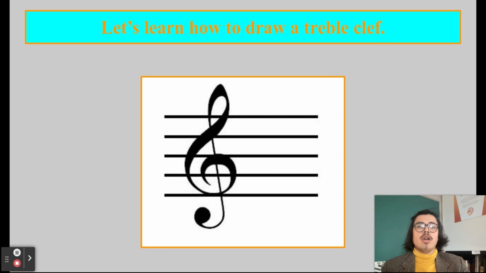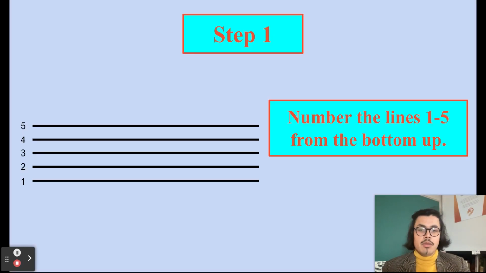So let's learn how to draw a treble clef. The other thing I wanted to say about the treble clef, also known as the G clef, is that it actually sits on the second line, which is a G. Step 1.